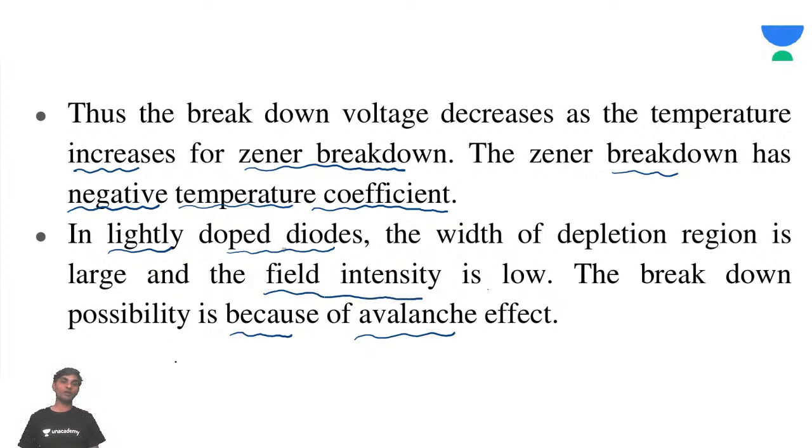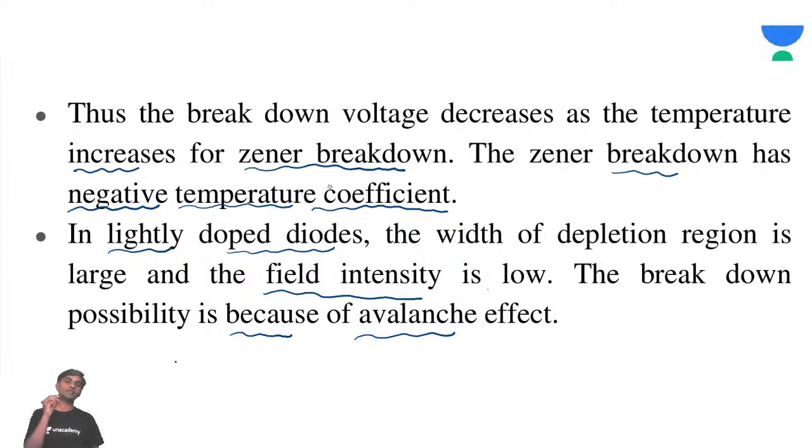If you remember how the Zener breakdown happens, it happens because of the electric field which is created inside, and because of that electric field the covalent bonds are breaking. That intensified electric field will not be present in lightly doped diodes.